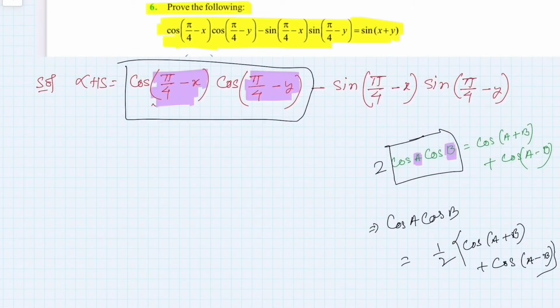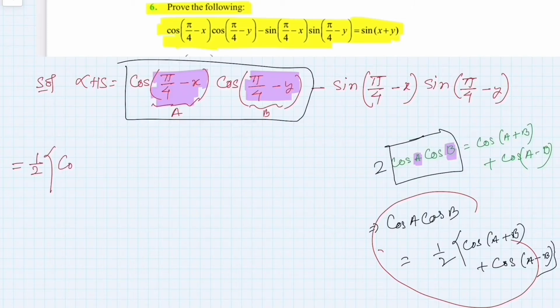Now consider this one as A and this one as B. Then if you apply this formula, you will get half of cos(A plus B), that is cos of (pi by 4 minus x plus pi by 4 minus y), plus cos(A minus B).